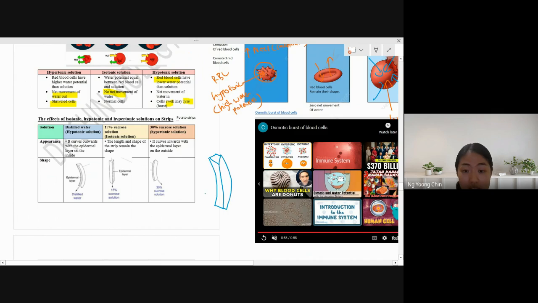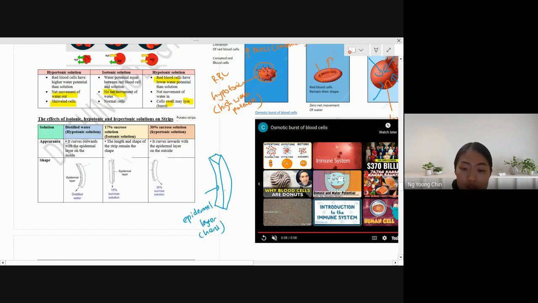Remember that this epidermal layer is not able to increase in size, because the epidermal layer is very hard.